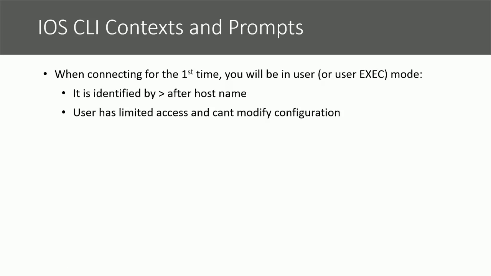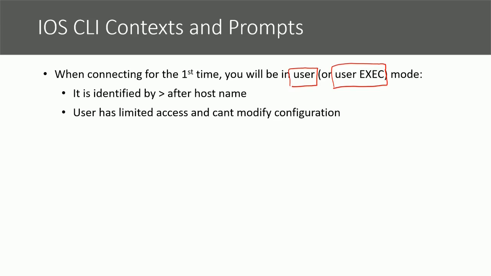Before starting our first lab, let's talk a little bit about CLI contexts and prompts. When connecting to the switch for the first time, you will be in user mode, or sometimes it is called user EXEC mode. EXEC means executing, which means you will be able to execute certain commands in this mode.